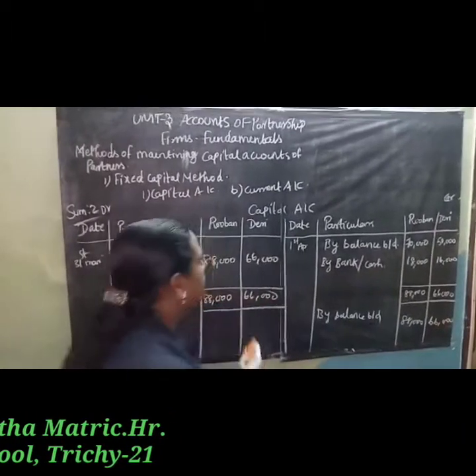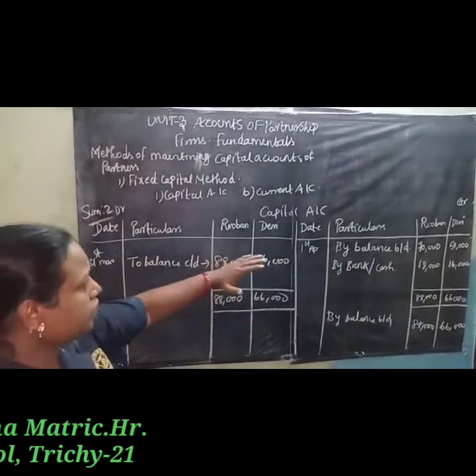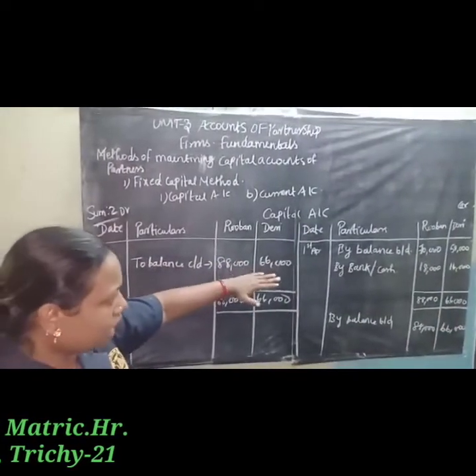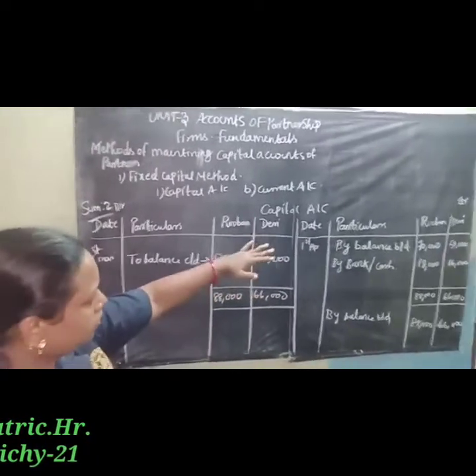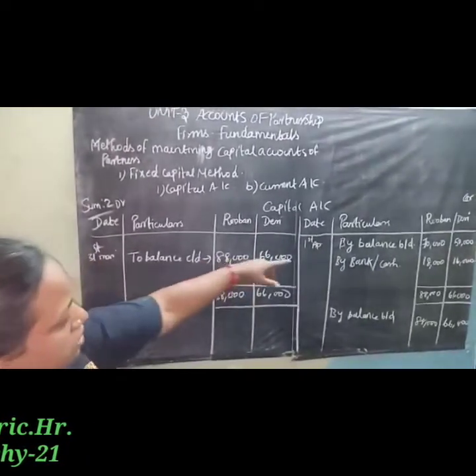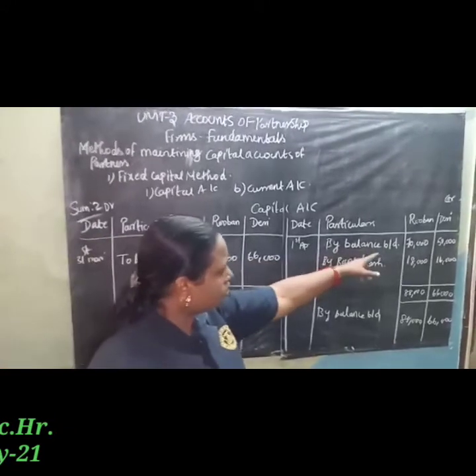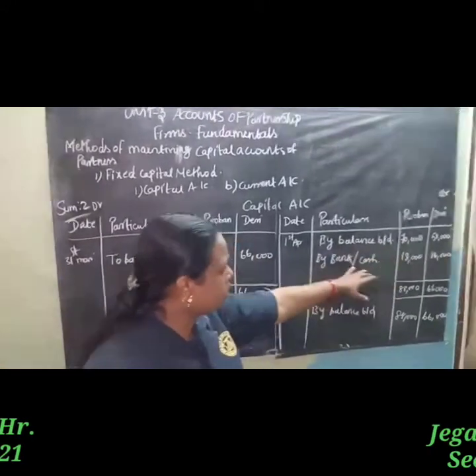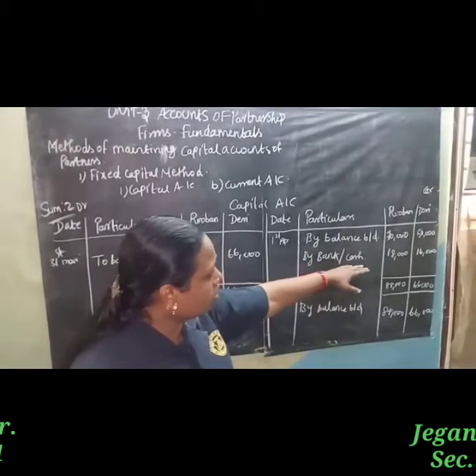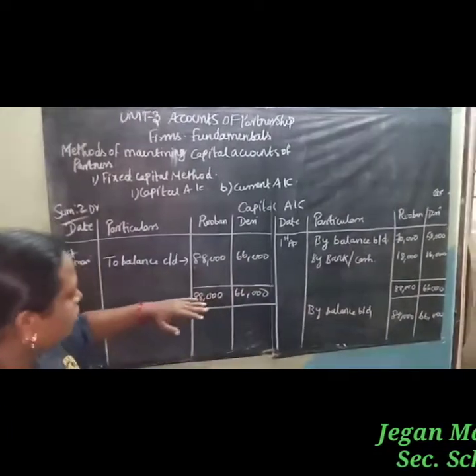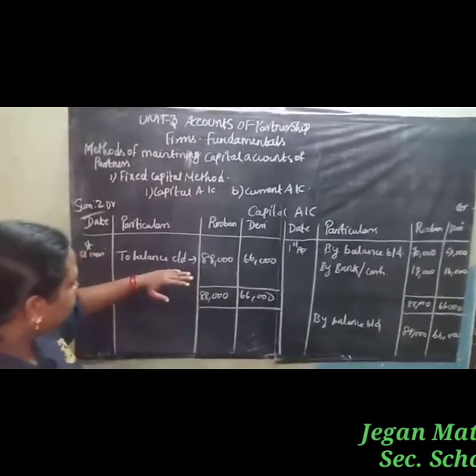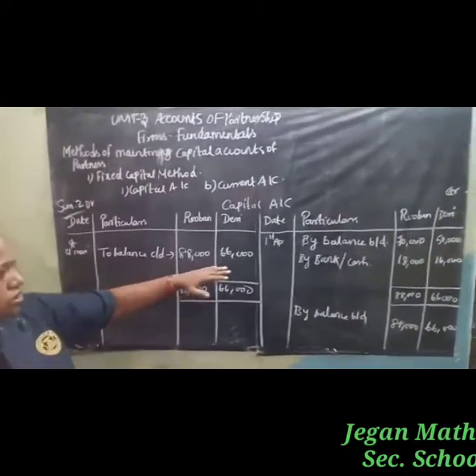So this is the partners' capital account. We enter only the partners' capital amount and the additional amount introduced by the partner. On 1st April Reuben brought 70,000 and Derry brought 50,000, and then additional capital 18,000 and 16,000. Total 88,000, so the balance c/d is 88,000 and 66,000.